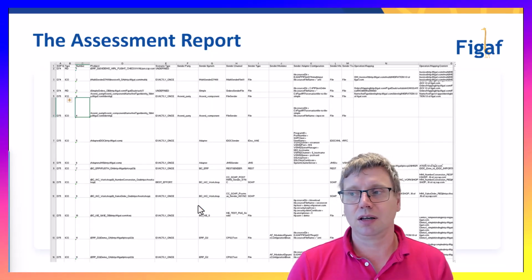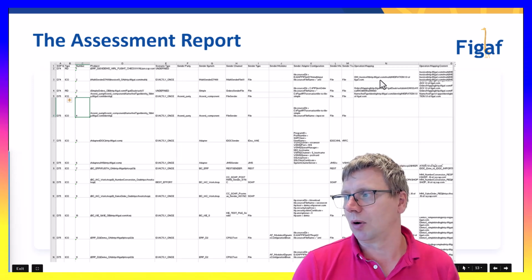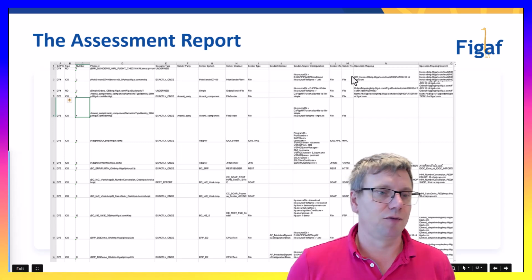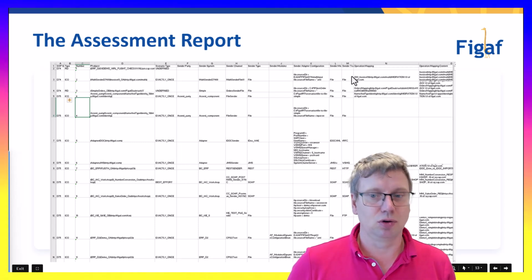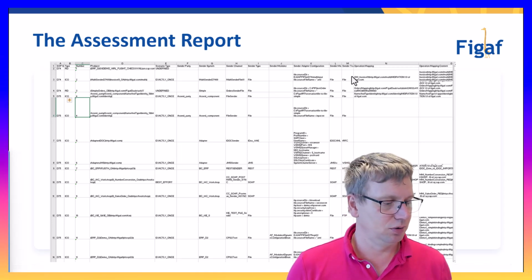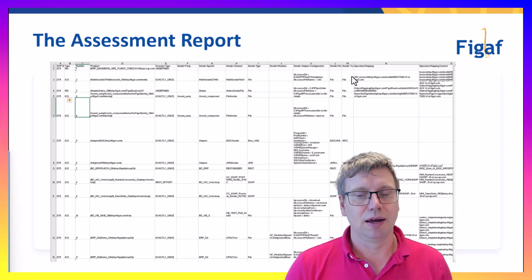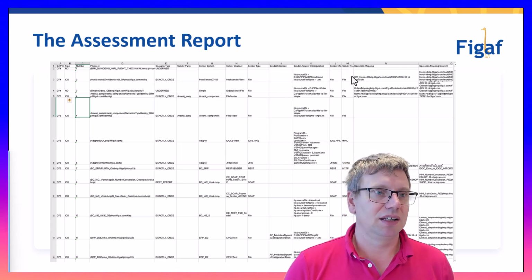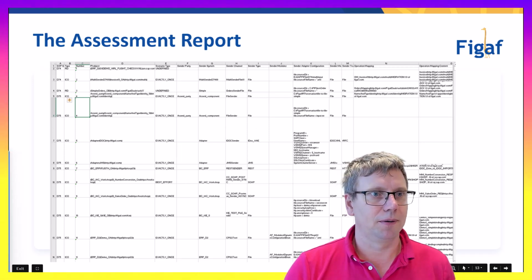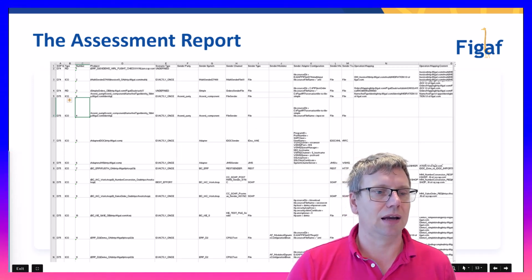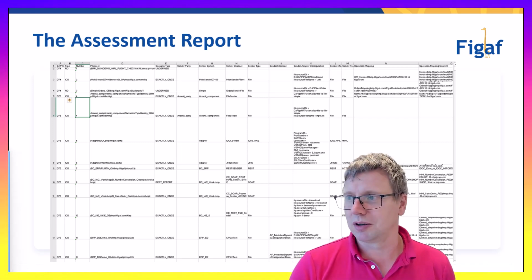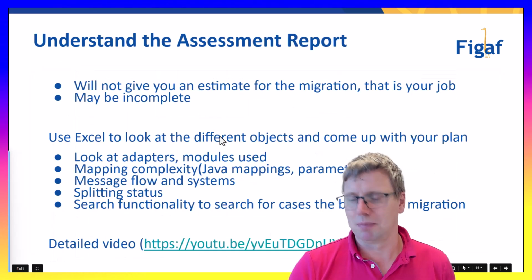So here we can see we have the sender systems, we have all of the different information about this, and we have for each of the different ICOs, what are all the different receiver components, everything included in such a way. And this makes it easier for you to understand what is going on and see your landscape. So it does not come up with a judgment about what can be migrated.